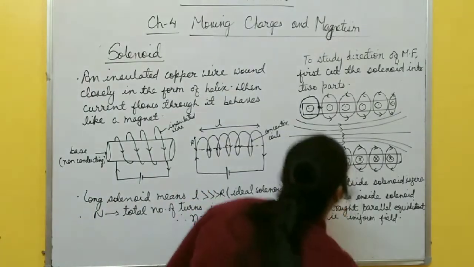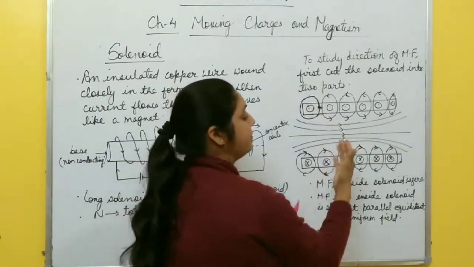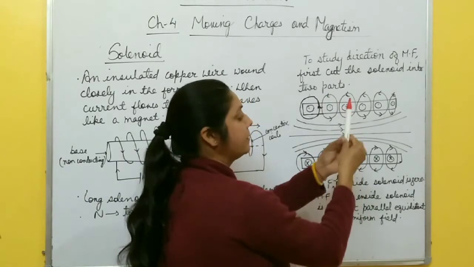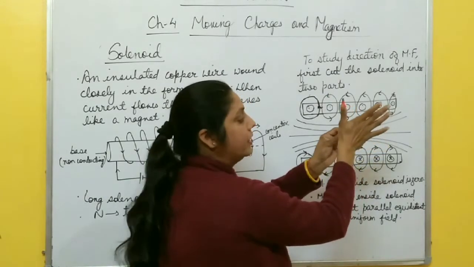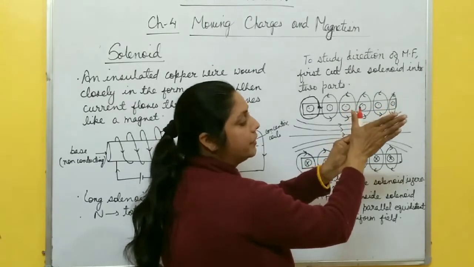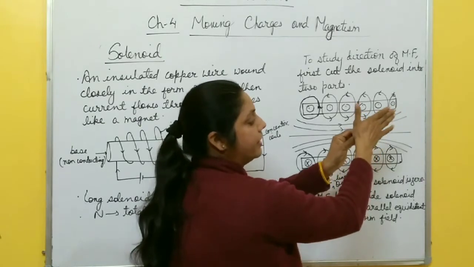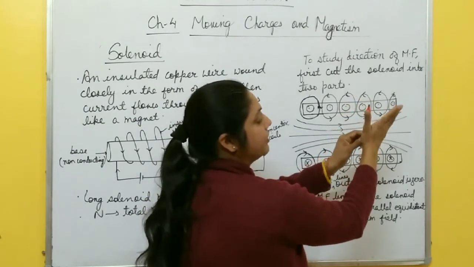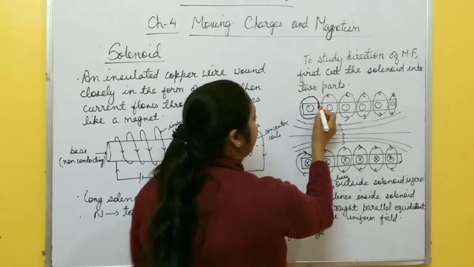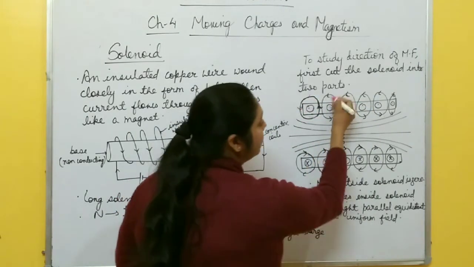Now, what is the direction of the magnetic field in this part? Here the current is outward. According to the right hand thumb rule, you curl your fingers around it. The direction of current is upward, you curl your fingers, so this is anti-clockwise. It means the direction of magnetic field is anti-clockwise in all the loops.